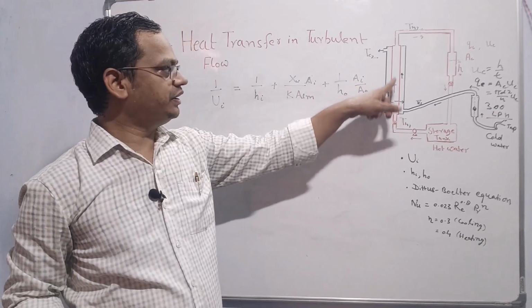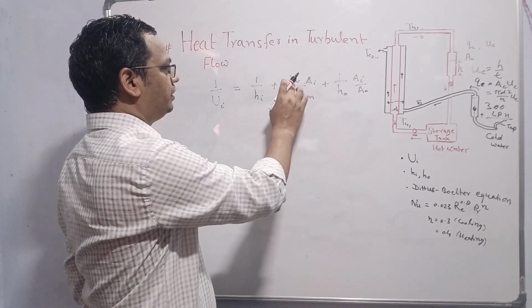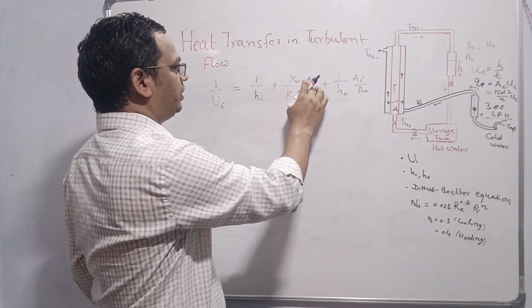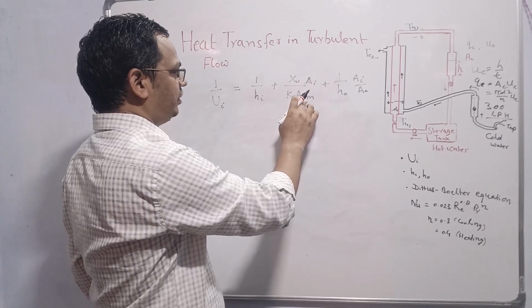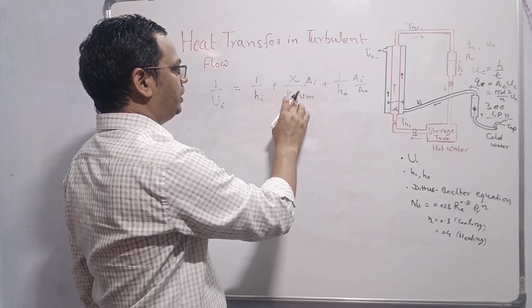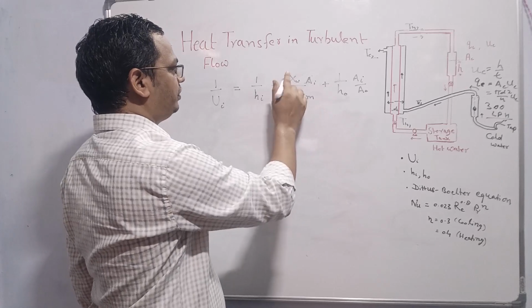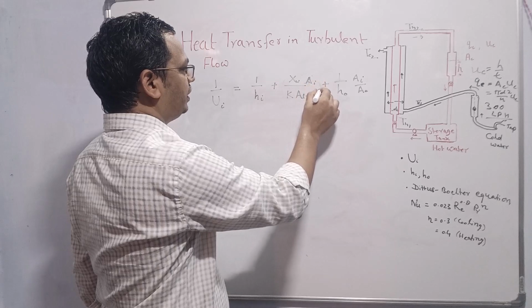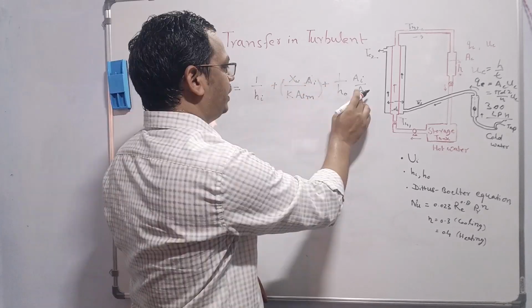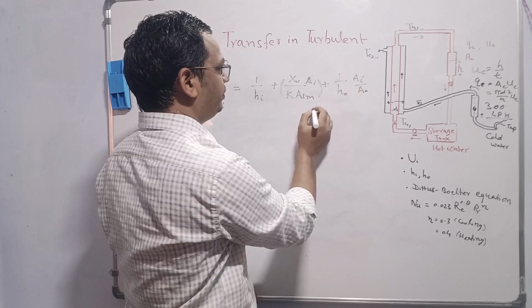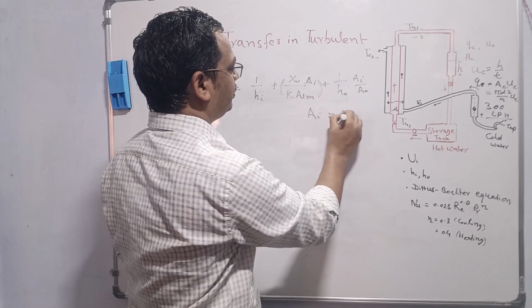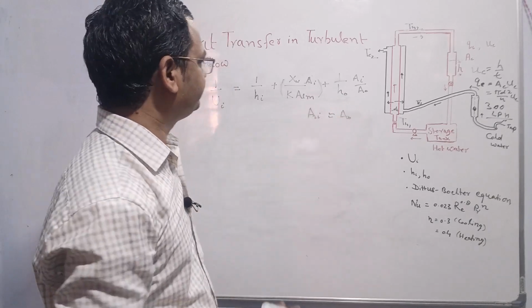Since the geometry of the heat exchanger is fixed, therefore the thickness, the inner area of the inner pipe Ai, and the log mean area of the inner pipe will be constant, and also K is not varying very much, therefore overall this conductive resistance can be assumed to be constant. And here for simplicity we can assume that Ai is almost equal to Ao if thickness is very small.